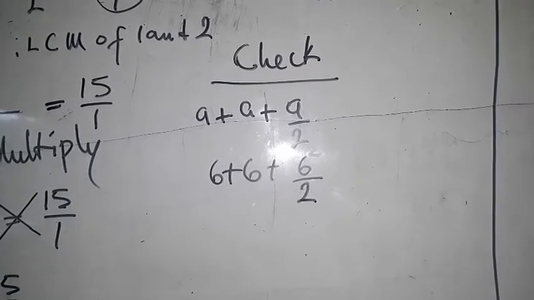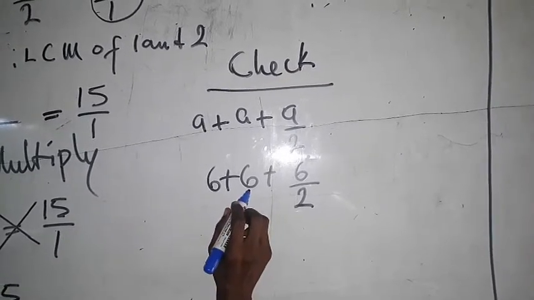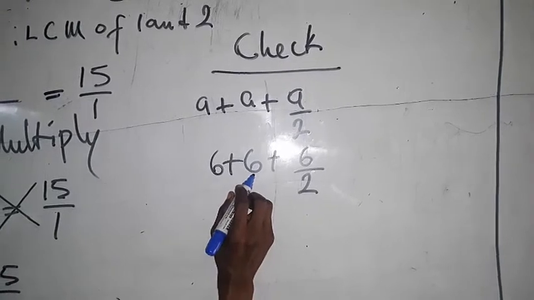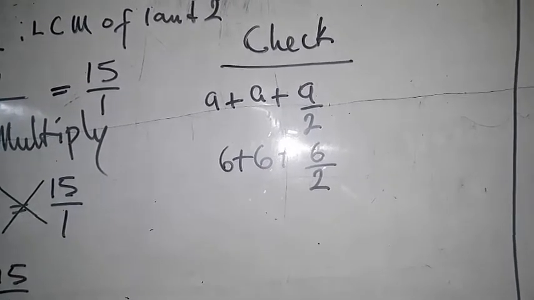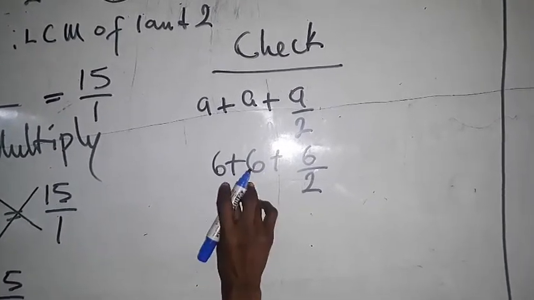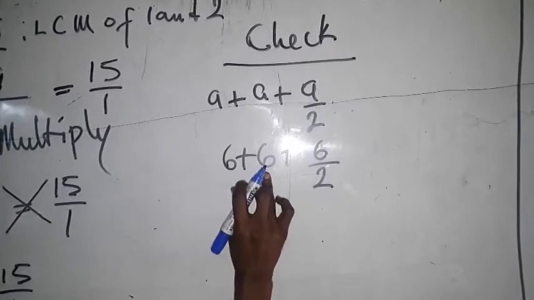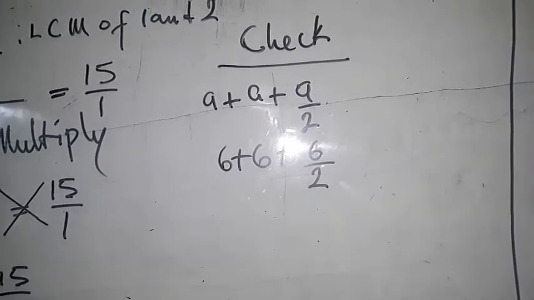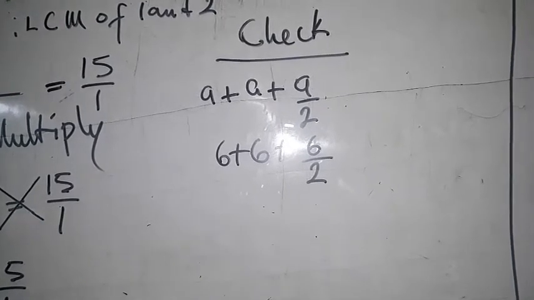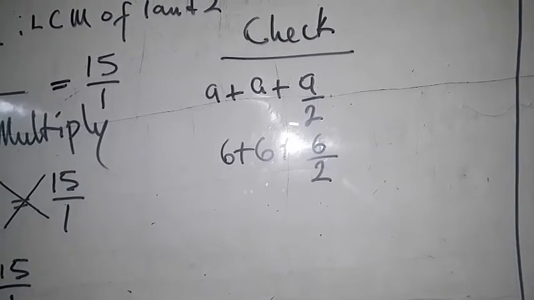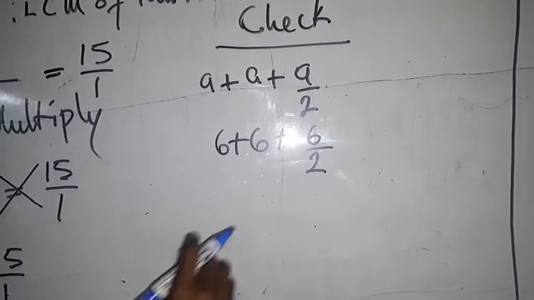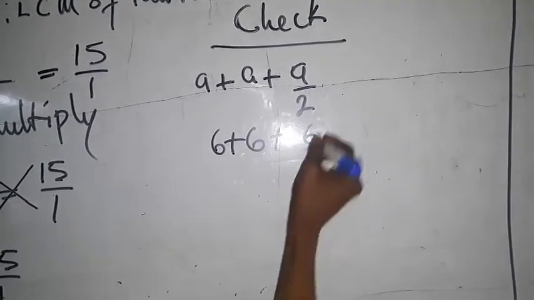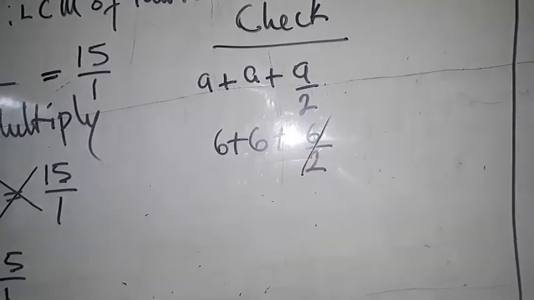Have you seen that? 6 plus 6 is what? 12. 12 plus 6 is what? 18. But before you do that, you don't just add it to 6. Divide this one.